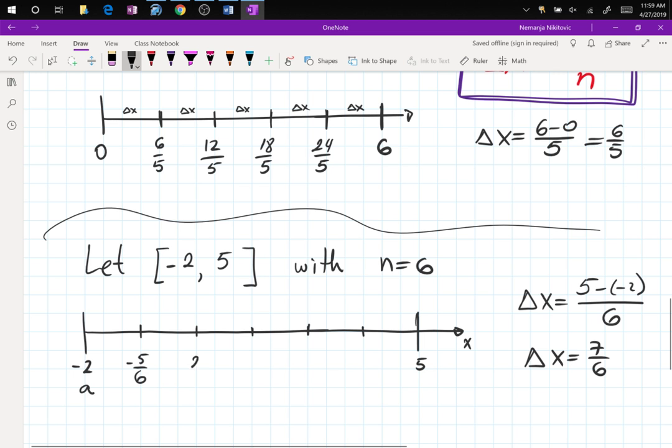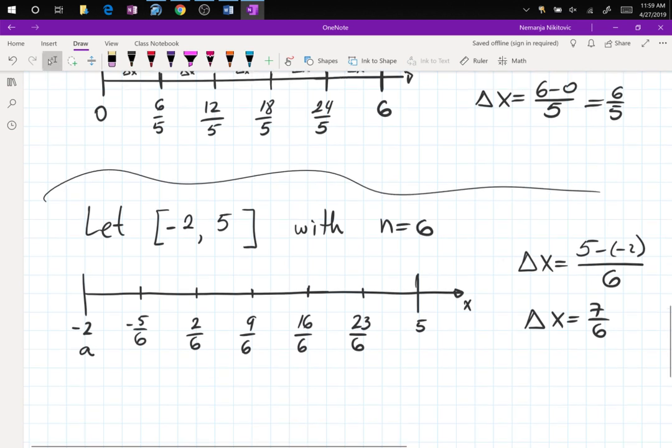Then you add 7, you get 2 over 6. Then you add 7, you get 9 over 6. Then you add 7, you get 16 over 6. And then you add 7, you get 23 over 6. And then when you add another 7, you get 30 over 6, which is a 5. Now you can cancel this to 1/3 and you can cancel to 8/3, but each one of these is delta x.